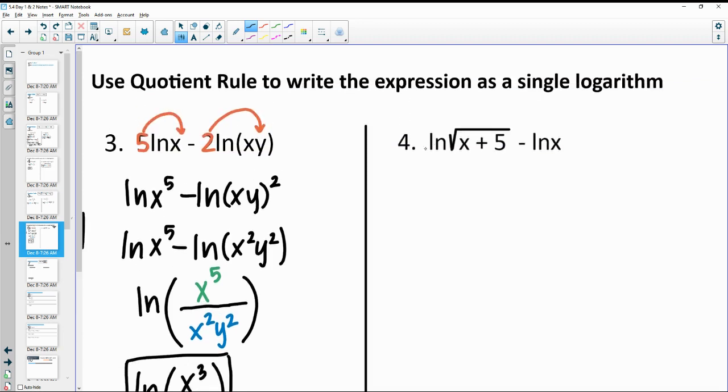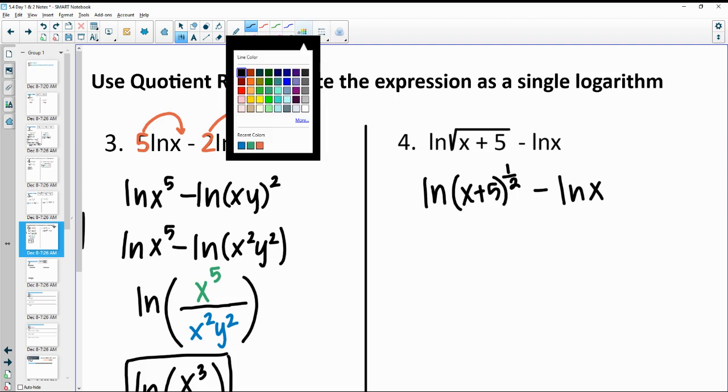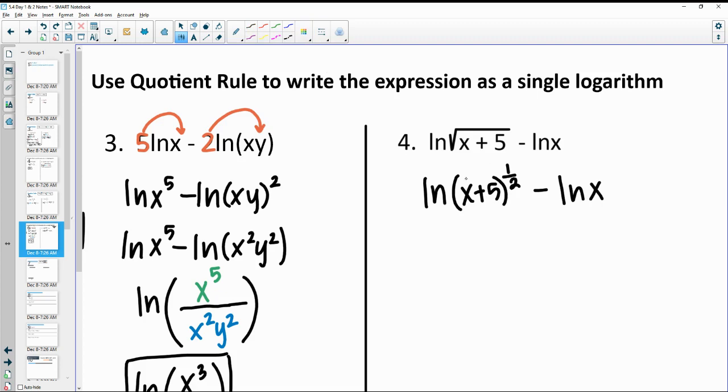Number 4, so generally we don't necessarily want roots in our logarithms because our logarithms are dealing with exponents. So I'm just going to rewrite this one as x plus 5 to the 1/2 power, and then we have minus ln of x. It's really not going to matter in this case because that exponent isn't going to simplify at all. But usually with logarithms, we don't necessarily use radicals.